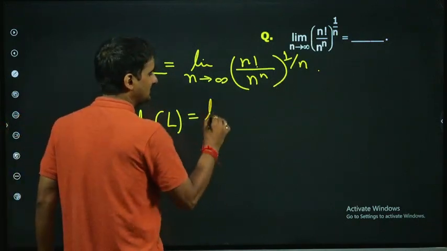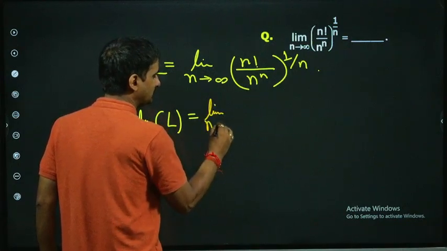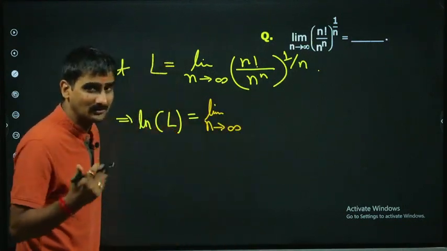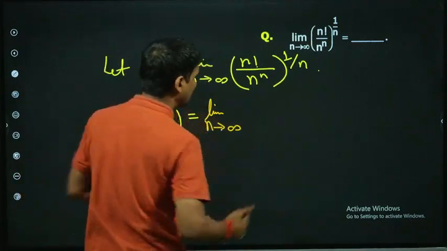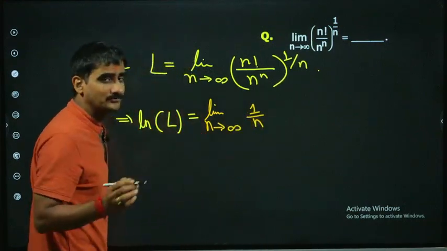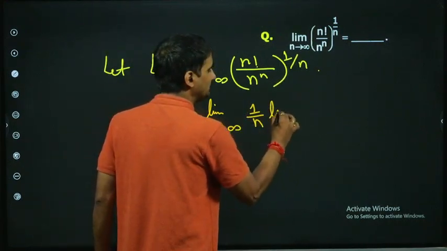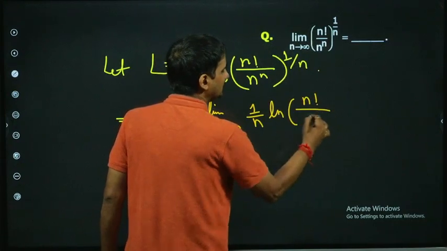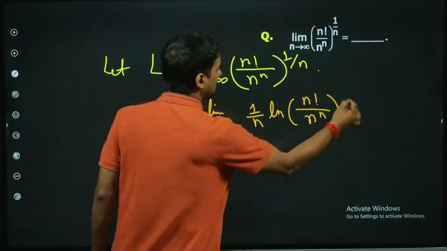So limit as n approaches infinity will come out of the log sign, and log will go inside the limit, and then you will have limit as n approaches infinity of 1 by n into ln of n factorial by n raised to the power n.